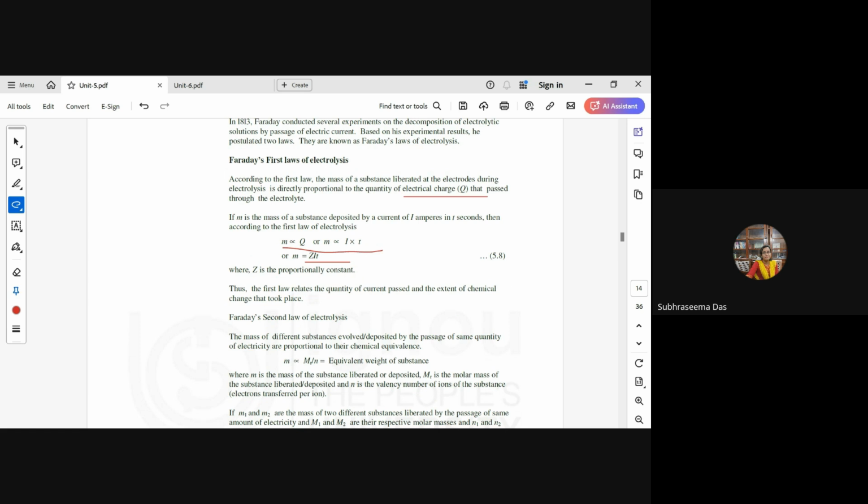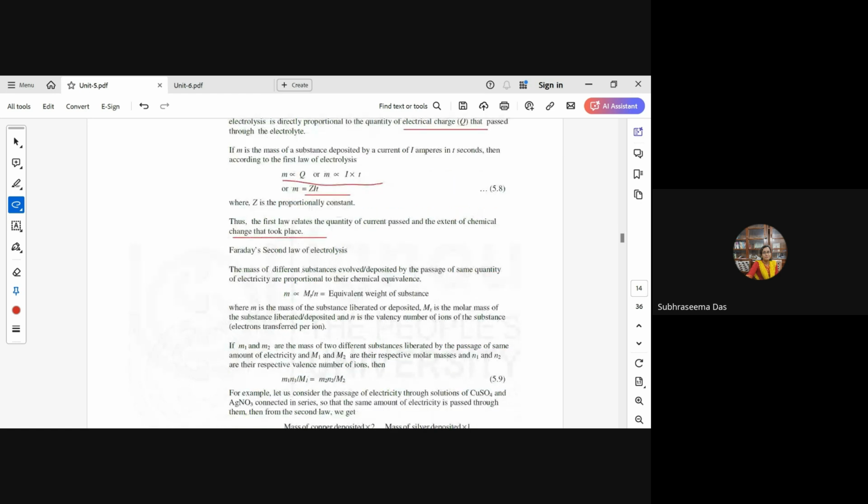Thus the first law relates the quantity of current passed to the extent of chemical change that took place. The second law states that the masses of different substances evolved or deposited by the passage of the same quantity of electricity are proportional to their chemical equivalents. That is, m is directly proportional to M/n, the equivalent weight of the substance, where m is the mass liberated or deposited, M is the molar mass, and n is the valency.